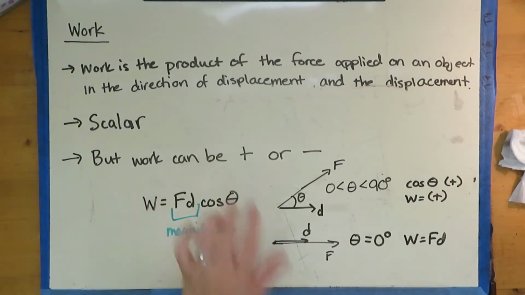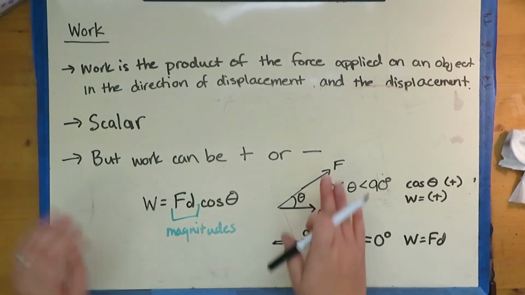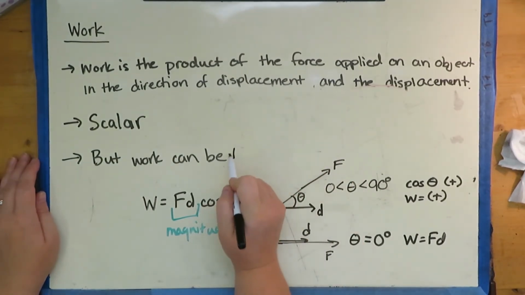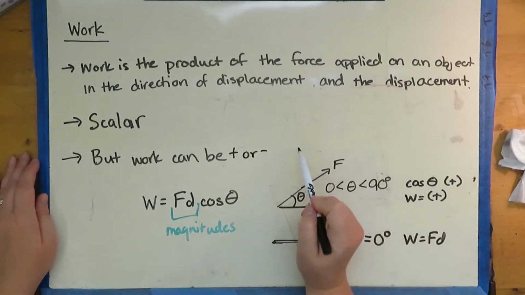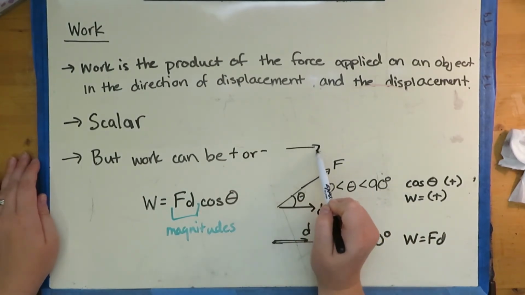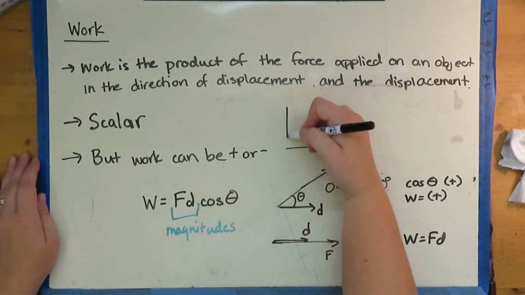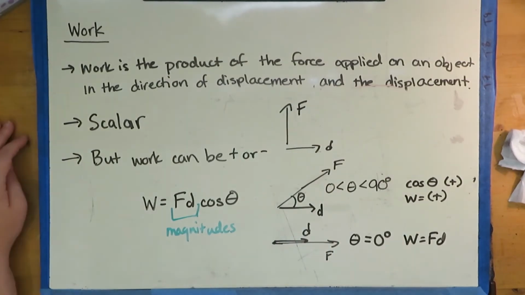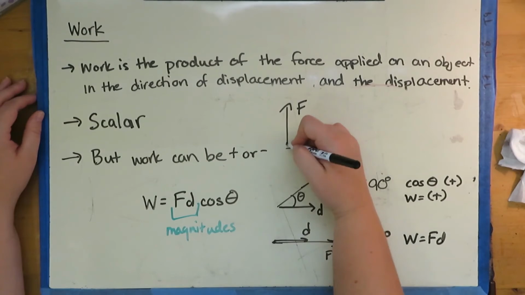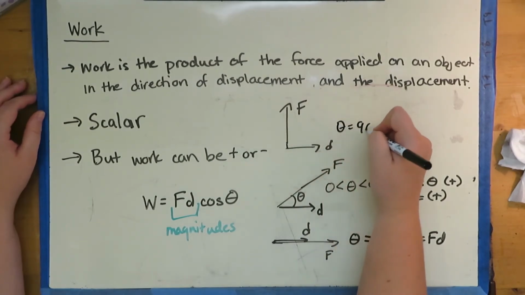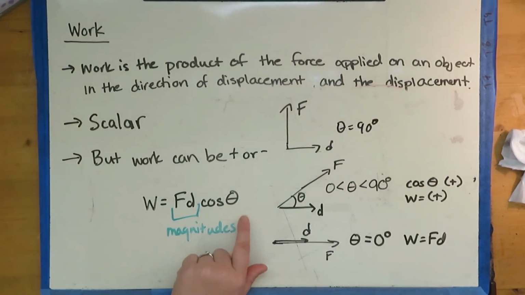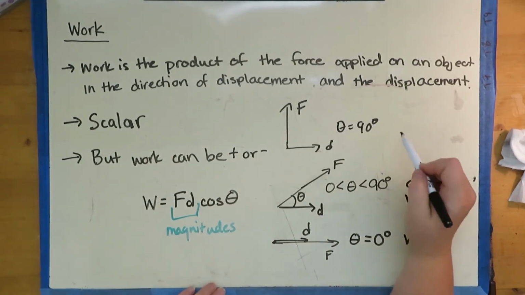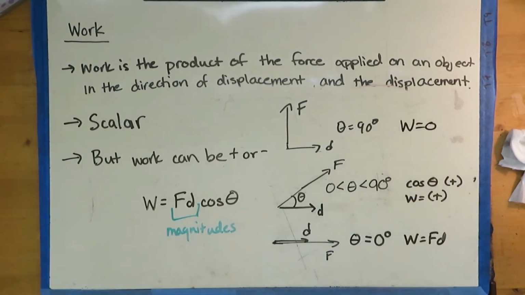We're using the cosine theta to take care of direction. Now, if we were to look at another example, where I had my displacement here, but my force was perpendicular, then theta would be 90 degrees, and the cosine of 90 is 0, so my work would be 0.